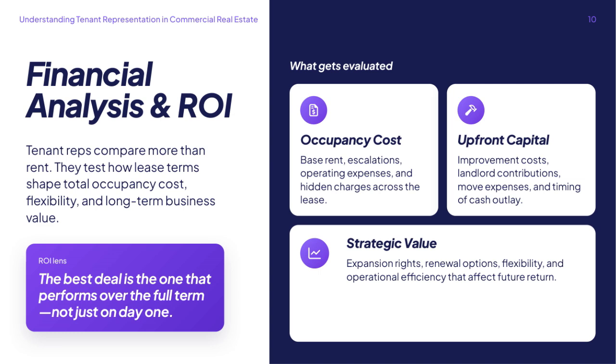This covers elements such as expansion rights, renewal options, and overall flexibility, as well as how efficiently the space can be operated. These factors directly influence the tenant's future return on investment. By understanding these key points, tenant representatives can ensure their clients secure leases that not only fit their immediate needs, but also support their long-term business goals.